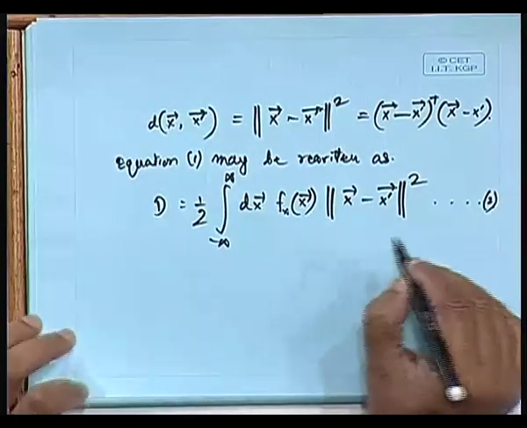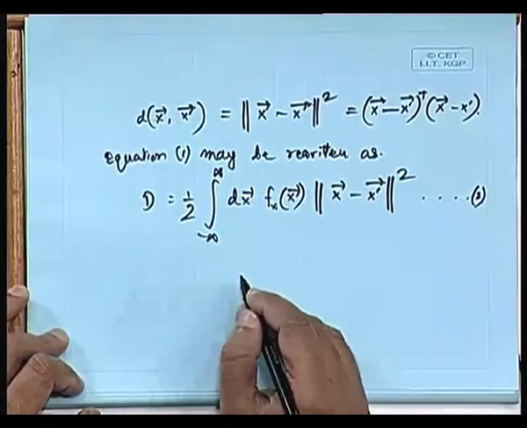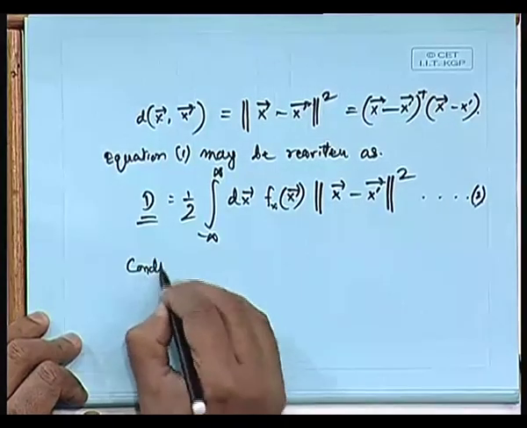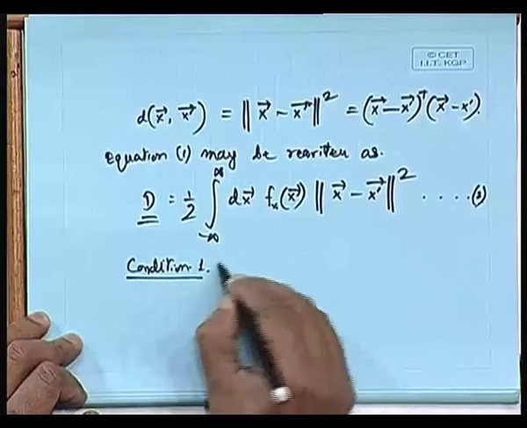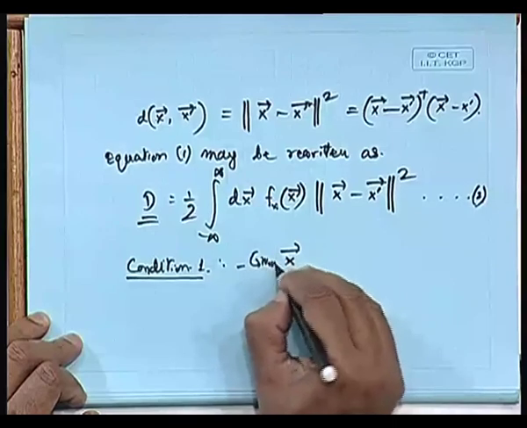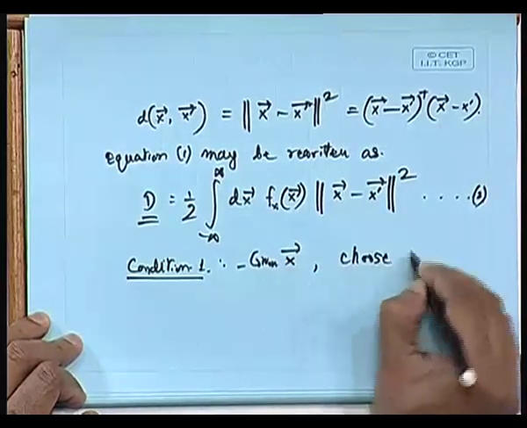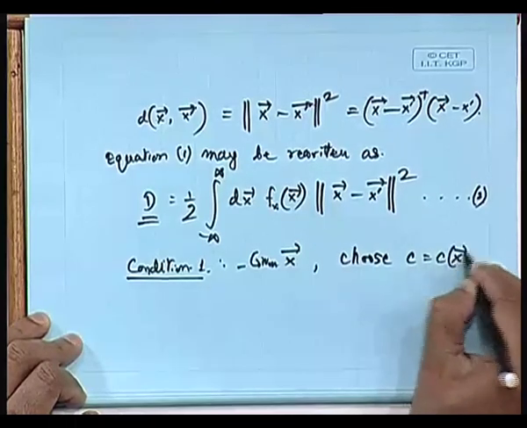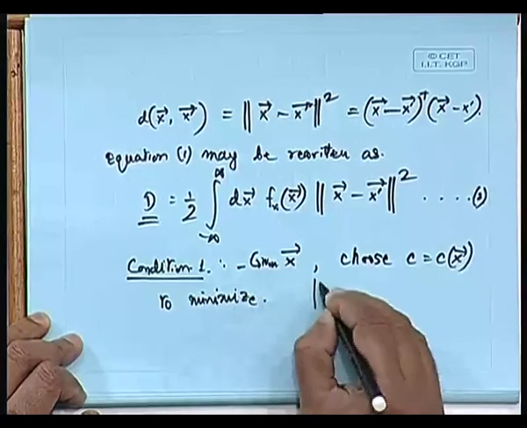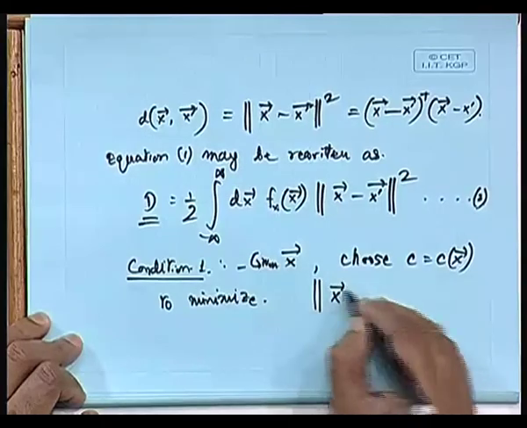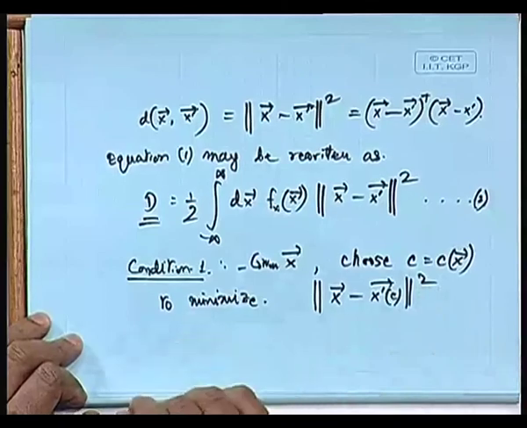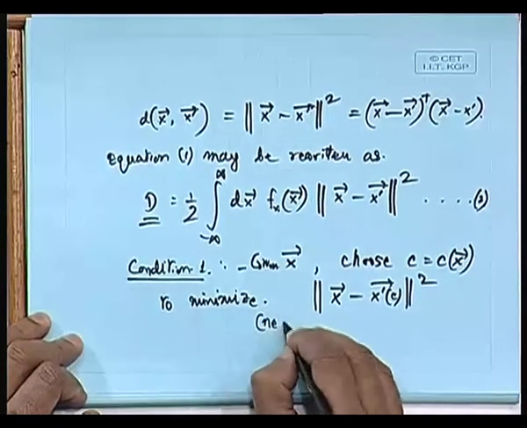All right. Now, to minimize this D, we have to fulfill two conditions. The first condition is that, given the input x vector, choose the encoder, that is C equal to C(x), to minimize simply the Euclidean distance between x and x prime of C. In fact, this is called nearest neighbor encoding.